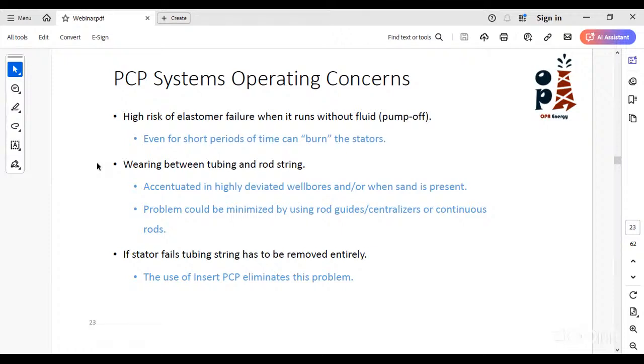Another is the wear that can happen between the tubing and the rod string, and it is very common in pumps like the PCP and also in the sucker rod pump, because we have friction by nature inside the tubing against the rods, because of this reciprocating or rotation motion, and this can affect the tubing, of course, and can cause many tubing leaks with time.